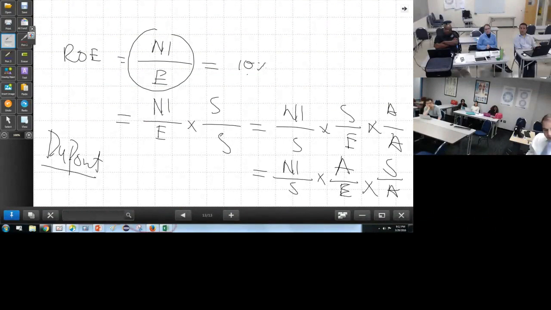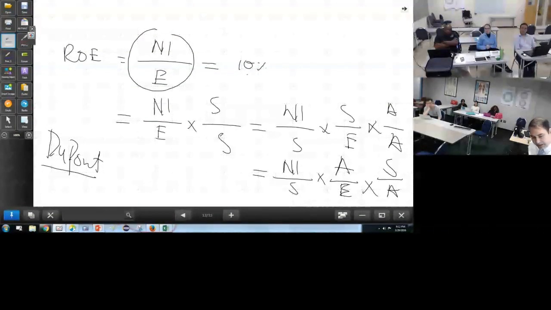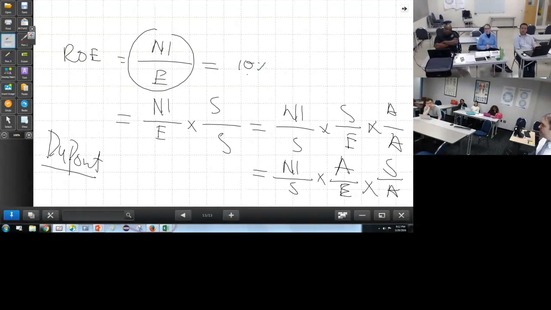So, we say net income divided by sales. What if we increase this number from 15% to 30%? Sounds good, right? But how is that possible?